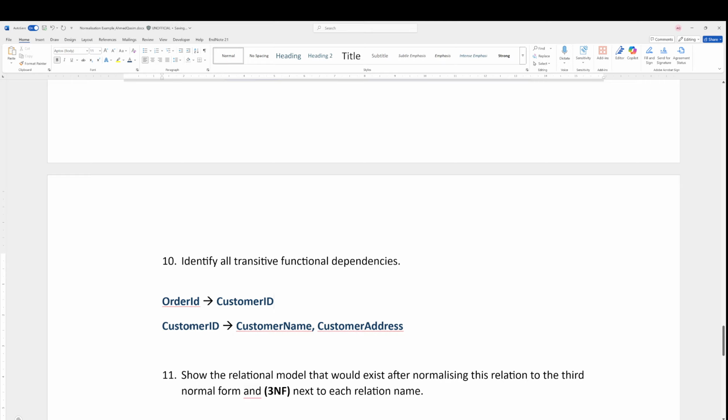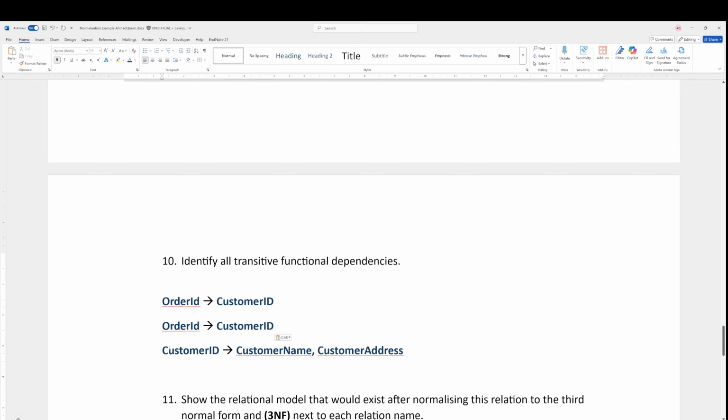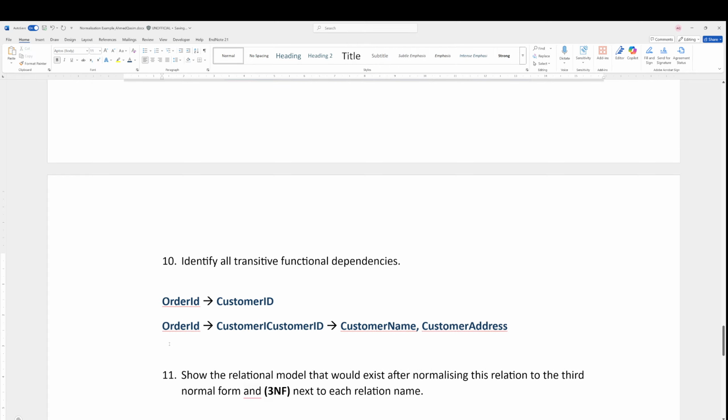Order ID then determines customer ID, and customer ID determines customer name.